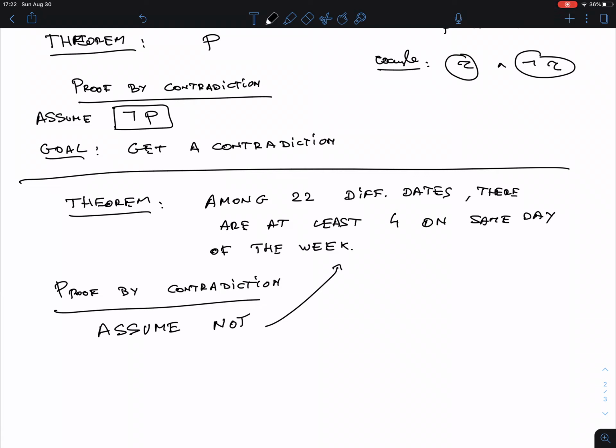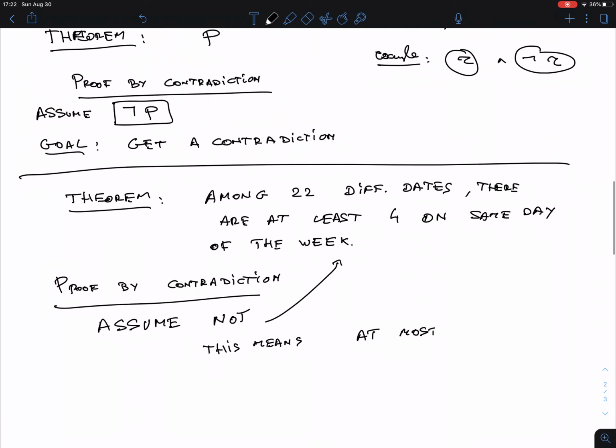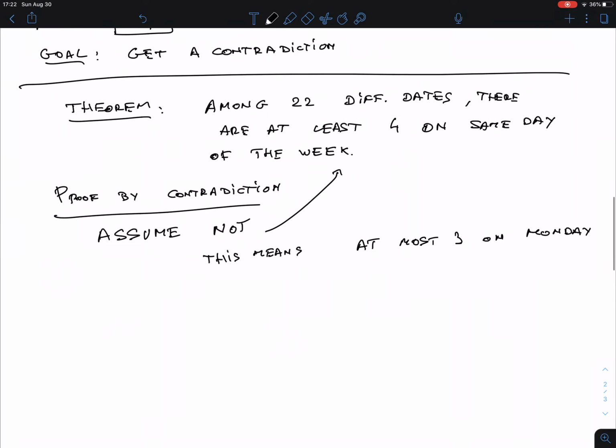This means at most 3 dates on Monday, at most 3 on Tuesday, at most 3 on Wednesday. I don't want to have 4, right? I'm saying it's not going to happen.